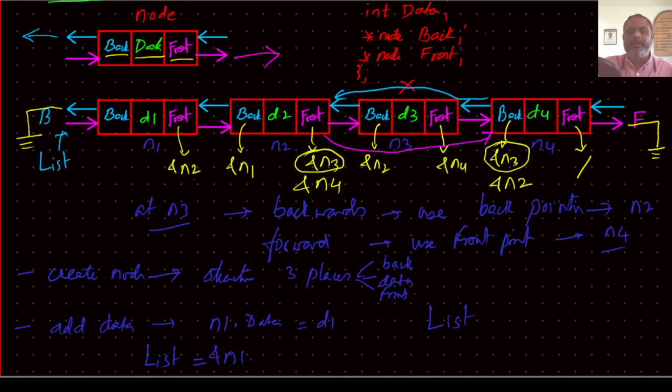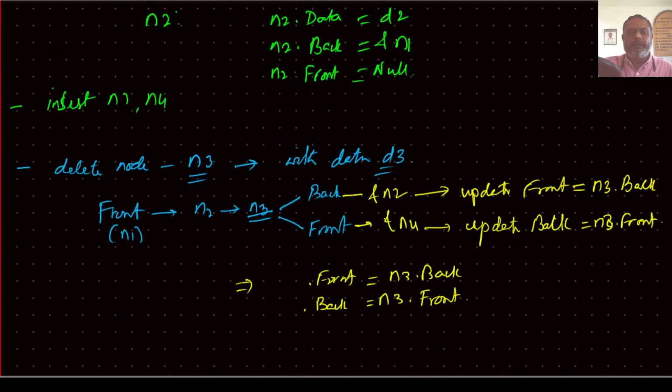What was N3's back? It is N2. Where do you want to write it? In N4's back.